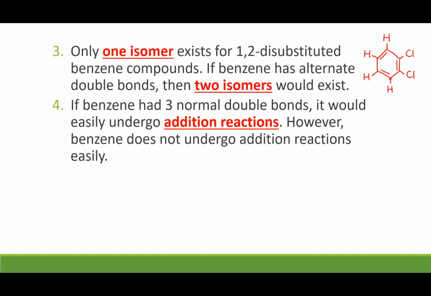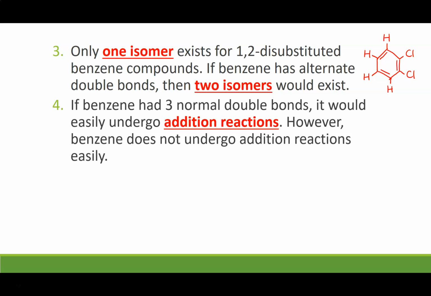And finally, the last piece of evidence is a chemical evidence. This has to do with a type of reaction called addition reactions, and we will talk about these later on in topic 10. For right now, what you need to know is alkenes easily undergo addition reactions. So if benzene actually has 3 double bonds, then it should undergo addition reactions pretty easily.